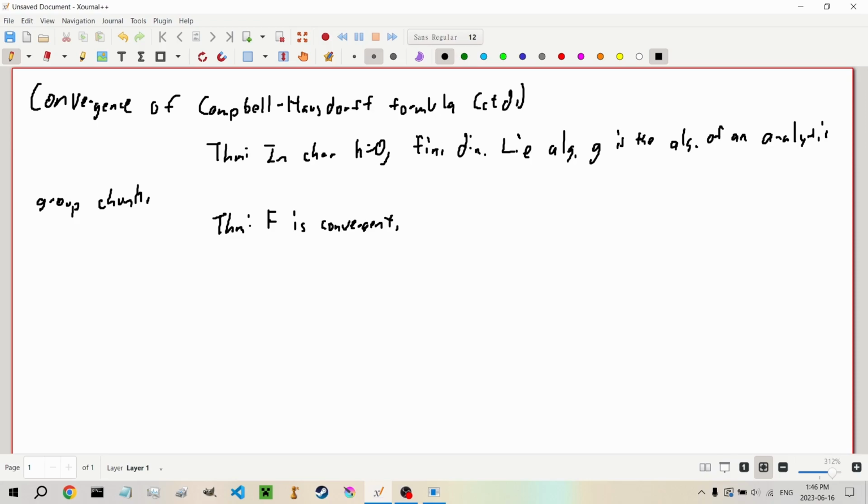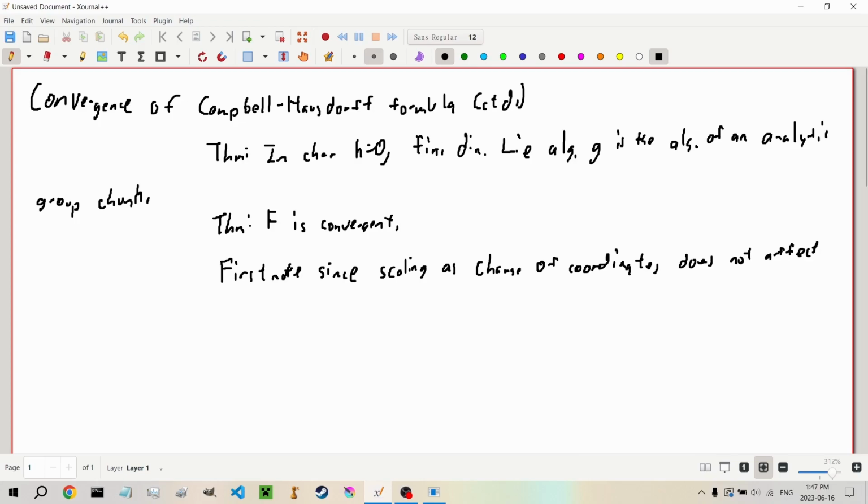So we first note that since a scaling as change of coordinates does not affect convergence, we can scale our basis so that the absolute value of lambda times gamma is at most 1 over n squared.